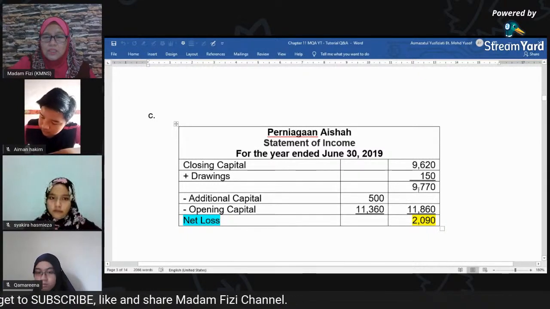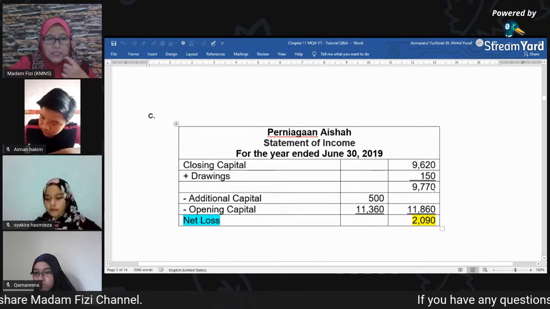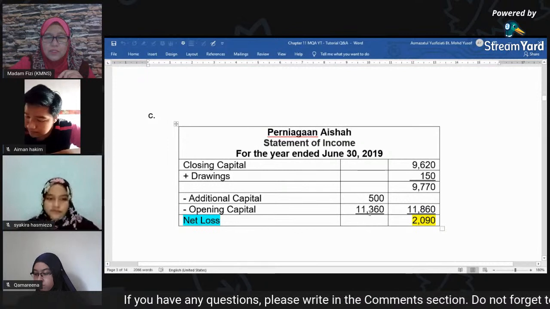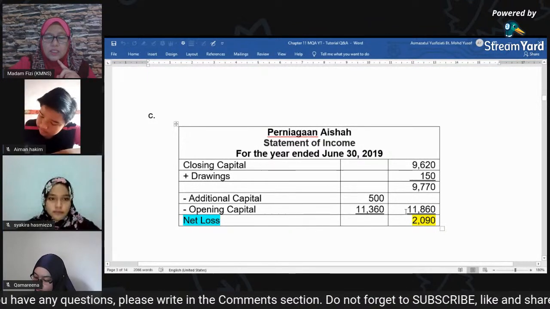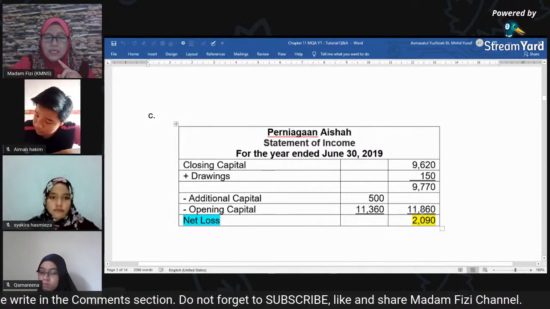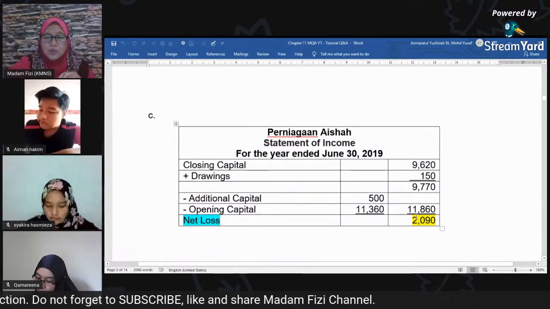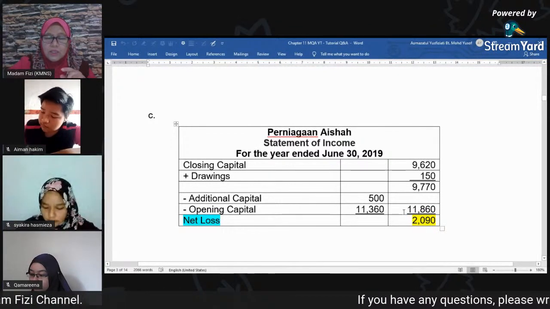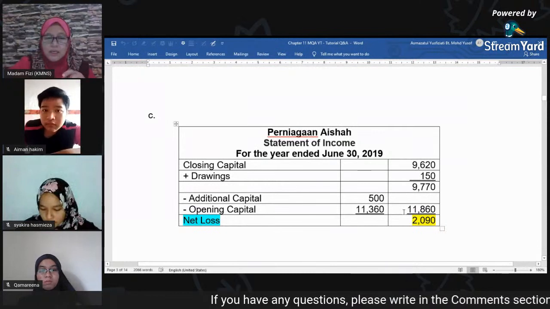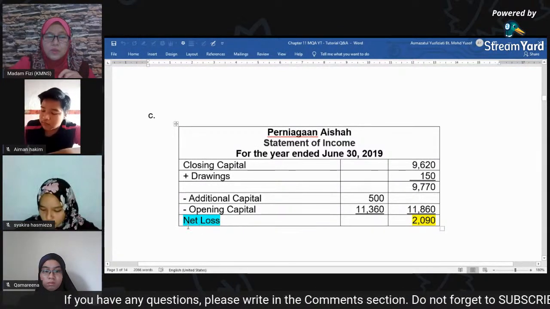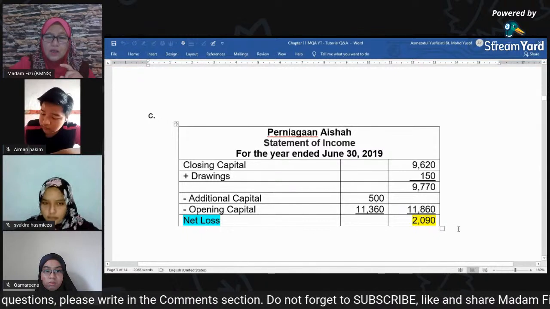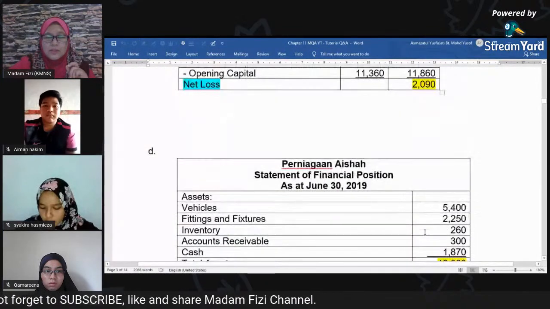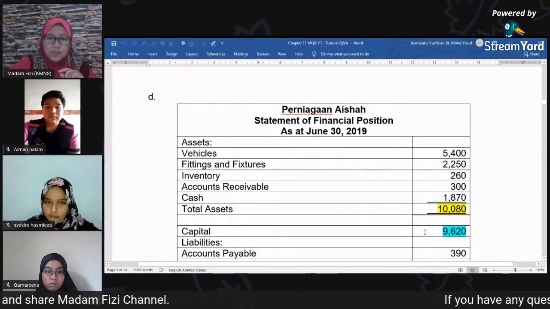So you get 9,770 minus additional capital 500 and opening capital 11,360. So the total minus is 11,860. So because the minus total is more than the plus total, you suffer a net loss of 2,090.